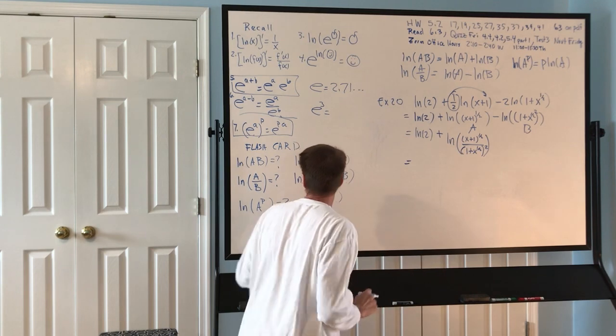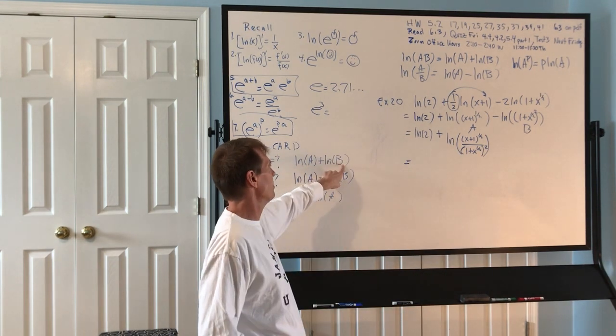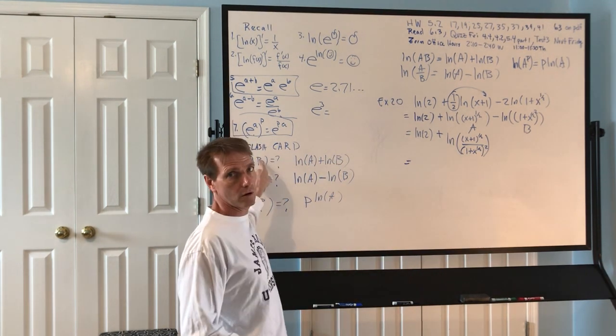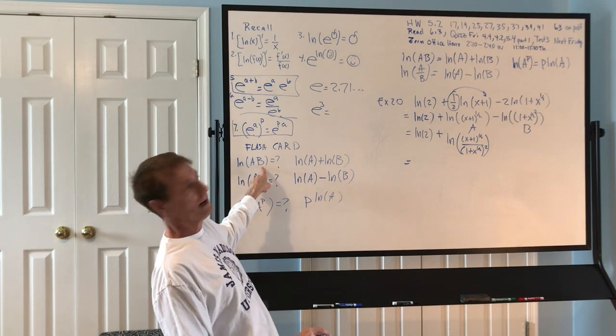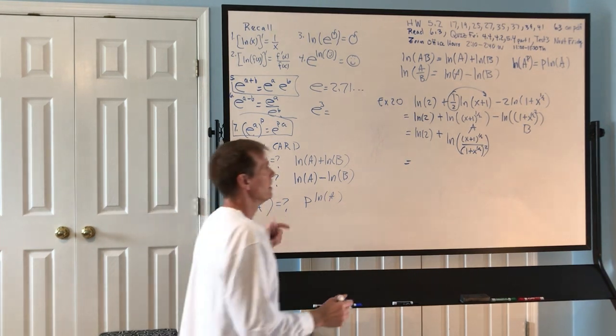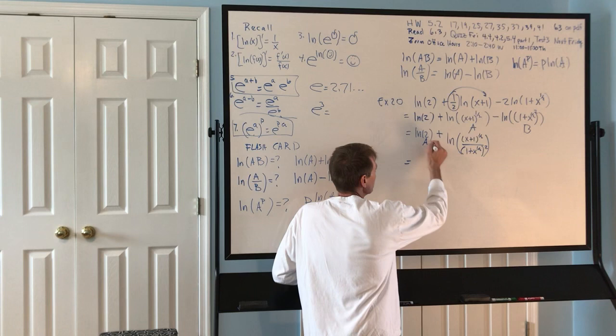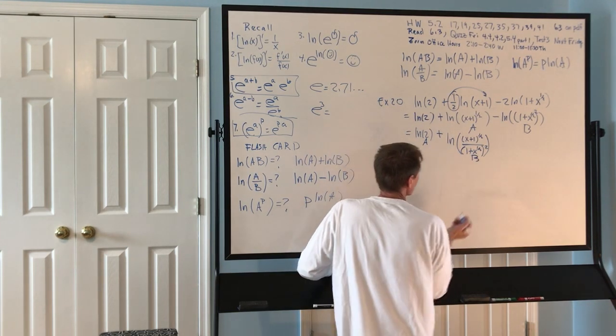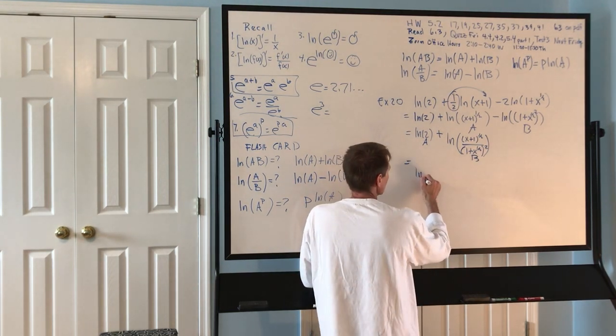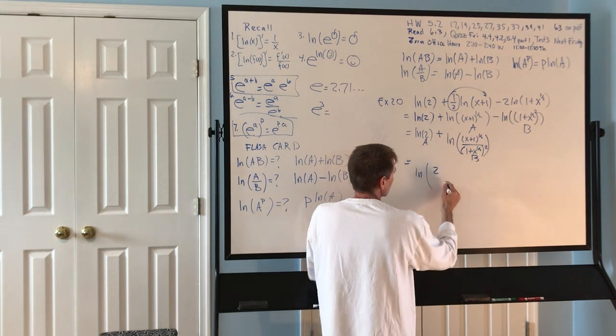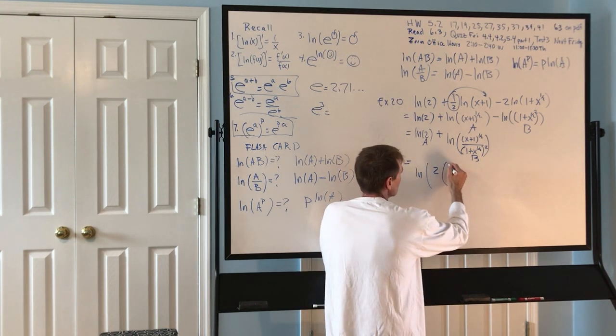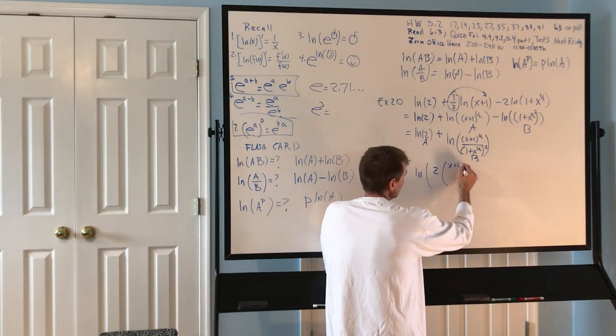Okay, now we're going to use this rule that the natural log of a plus b is the natural log of a times b. This is kind of like my a, and all of this is like my b. And so this would be the natural log of 2 times, and you could take it up to the top if you wanted.